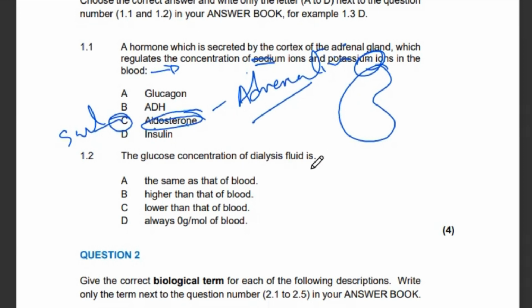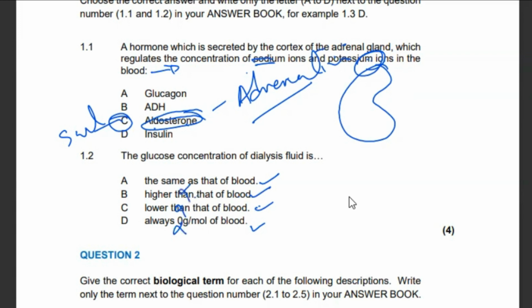Glucose concentration of dialysis fluid is the same as the blood. They are saying that it is higher than that of blood, and then they're saying that it is lower than that of blood, and then always zero. What do you mean by saying that it can't be zero, it can't be lower than blood, and it can't be higher than blood?